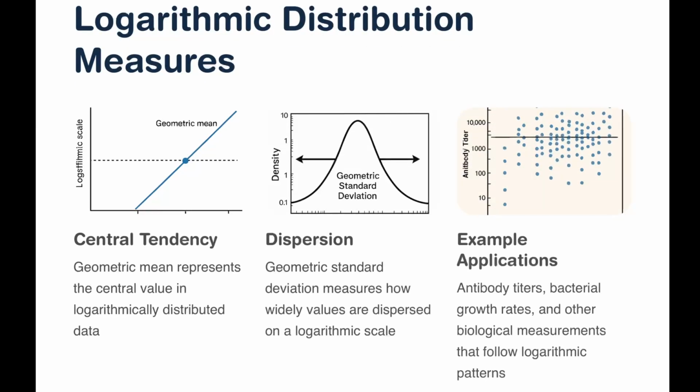For logarithmic distribution measures, the geometric mean represents the central value. The geometric standard deviation measures how widely values are dispersed, and examples include antibody titers, bacterial growth rates, and other biological measurements that follow a logarithmic pattern.